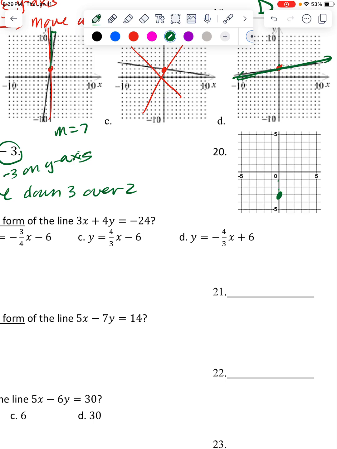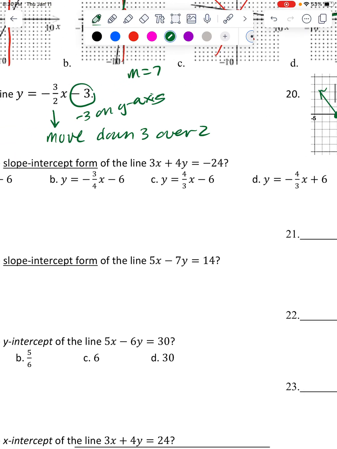So I'm going to go, well, that's terrible because it goes off the graph. Down 2, 3 over 2. And if you want to go backwards, you could go up 1, 2, 3, back 2, if that makes sense to you. But you've got to get enough dots that you can sketch your line in pretty accurately. And then that is the line of that equation.